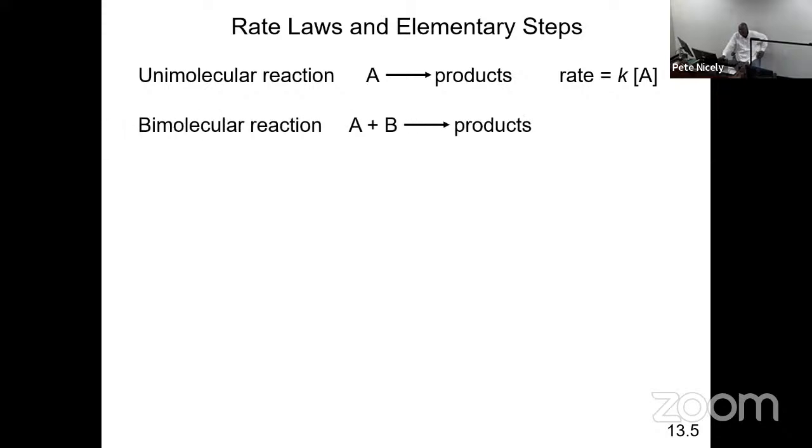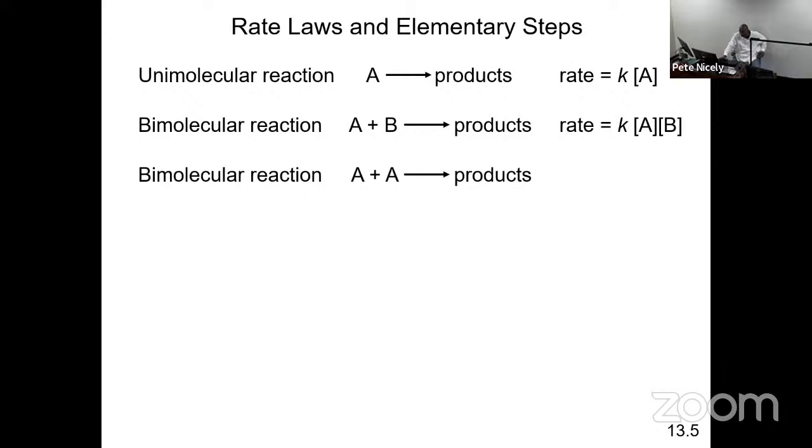In the case of a bimolecular reaction, there are two types. There's one type where the two molecules reacting in that step would be different, like A and B. In that particular case, the rate law for that step would be rate is equal to k times the concentration of A times the concentration of B. Or another type of bimolecular reaction is where both molecules are the same, right?